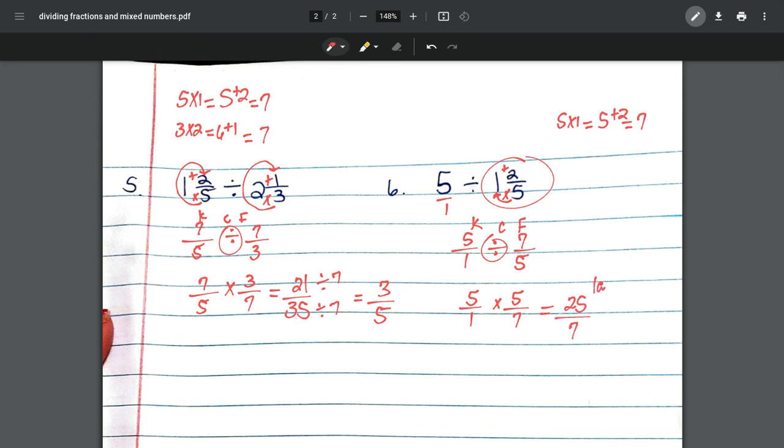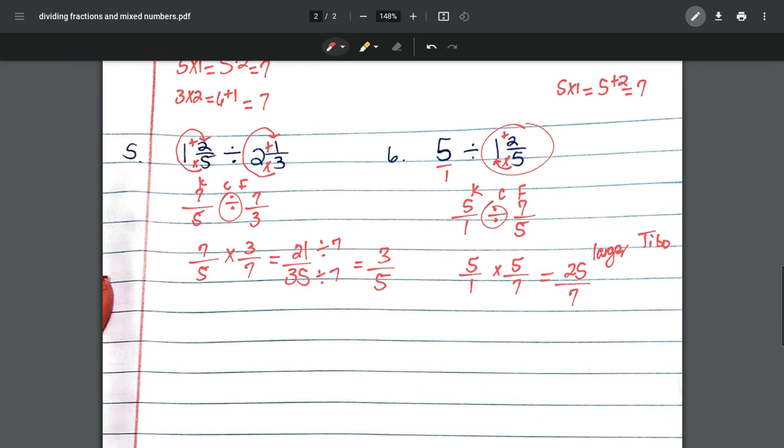Hey, the top number is larger than the bottom number, so I am going to Tebow, top in, bottom out. And I'm just going to skip count by 7s. All right, 7 won't go into 2. 7 will go into 25.